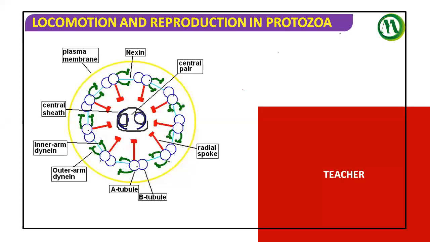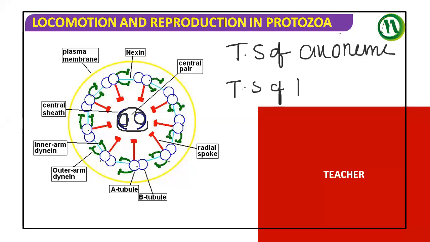We have two more questions here. Draw the labeled diagram of the transverse section (TS) of the axoneme, or TS of flagellum or cilium. Whatever it may be, it is the same in both flagellum and cilium. So this is the diagram you need to draw here.